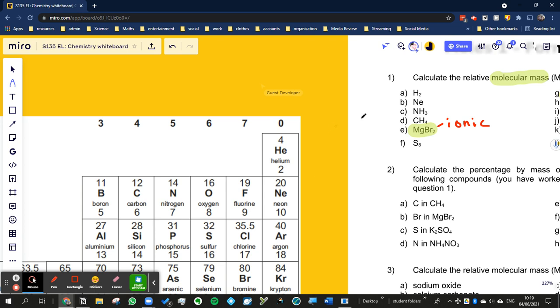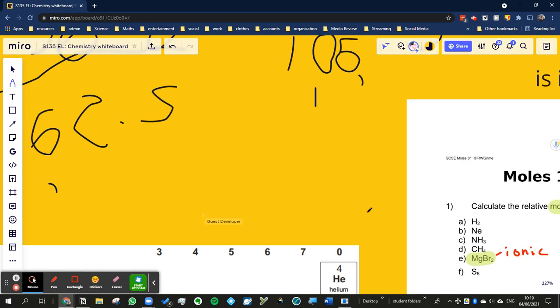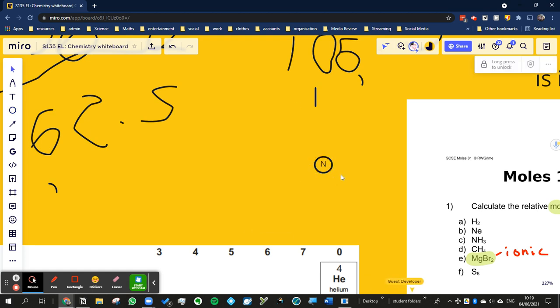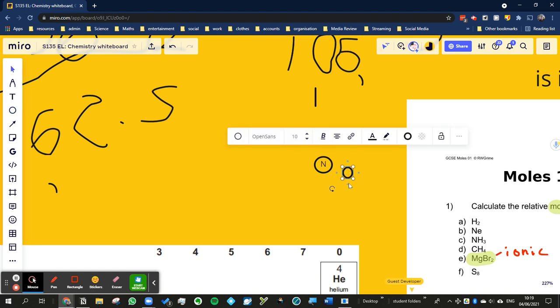Okay. When we get to something like this one, NH3, which is ammonia, then you're going to add the mass of nitrogen to 3 times the mass of hydrogen. Let's just briefly draw what these elements look like. I'm going to say that's a nitrogen atom, and then we'll give that one a hydrogen.